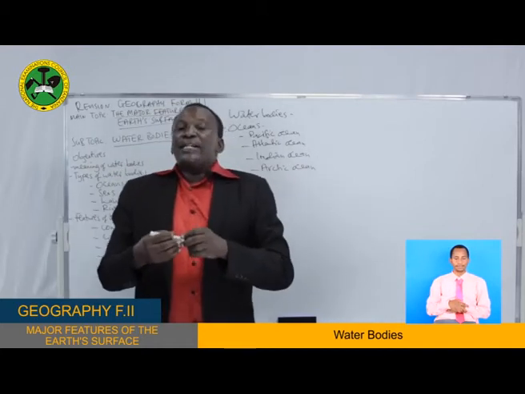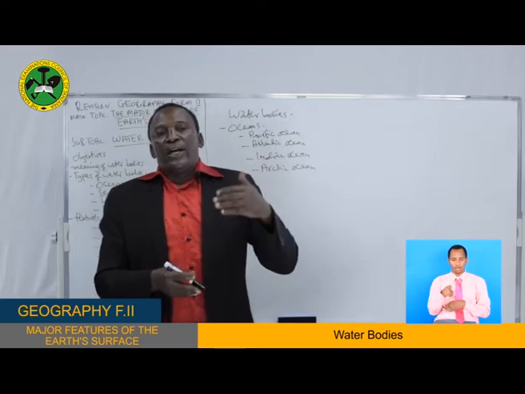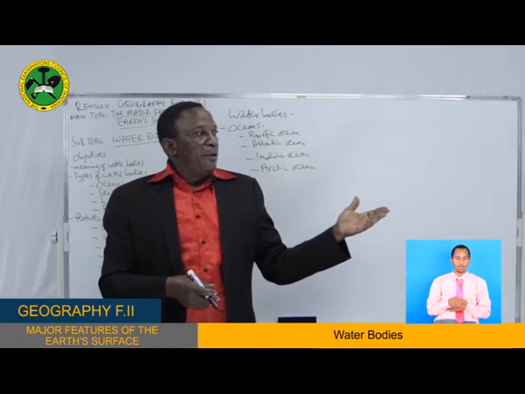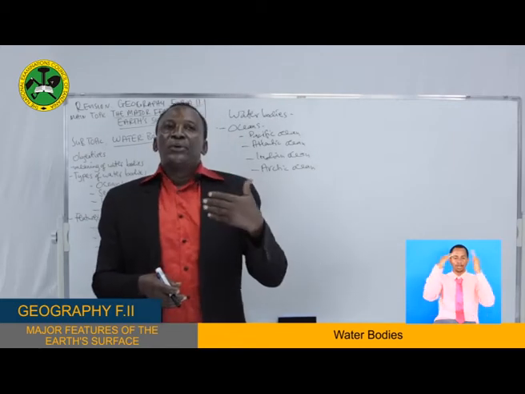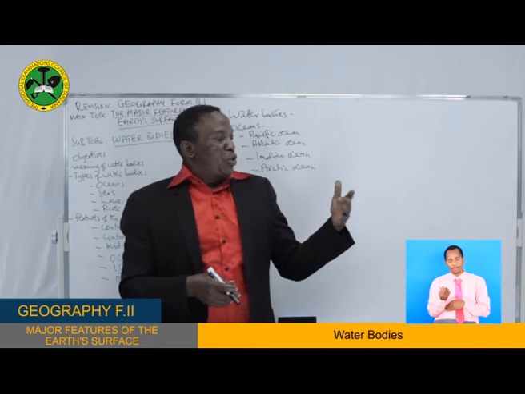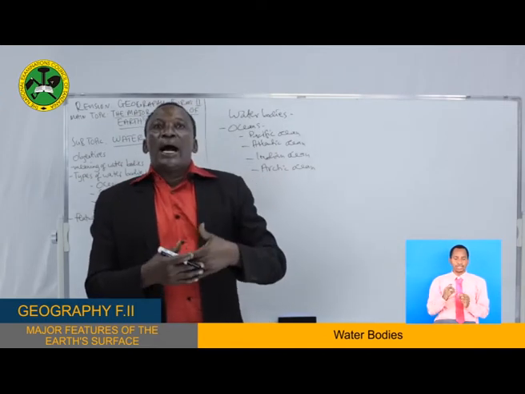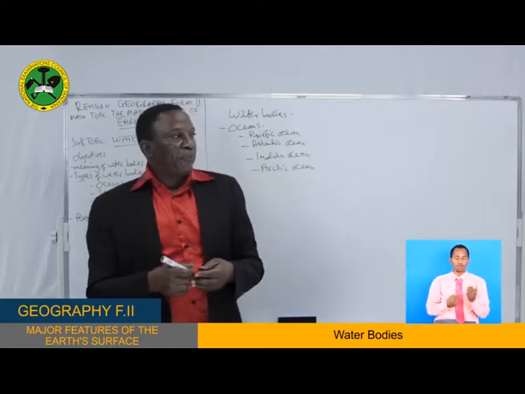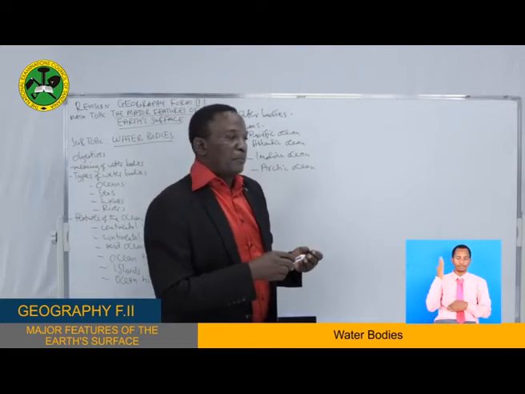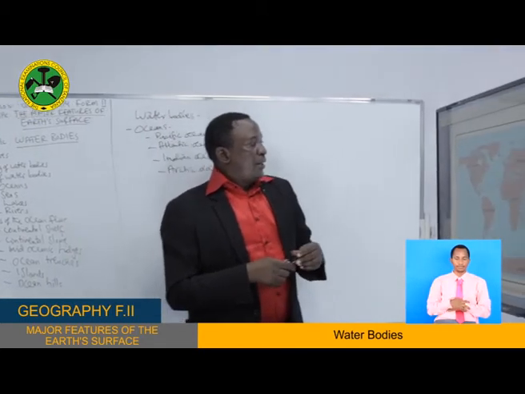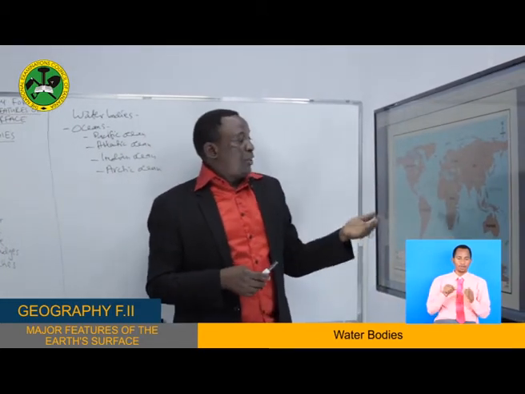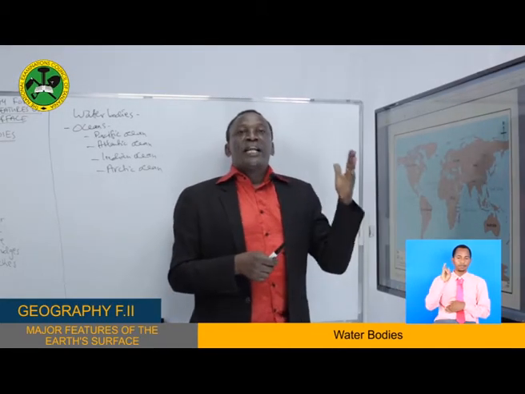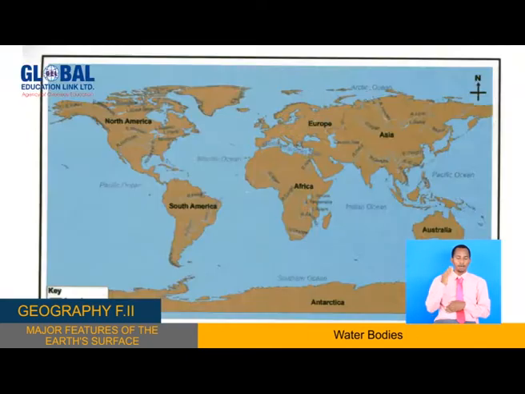Dear students, now let us see the oceans on the world map, the way they are distributed, and the way their sizes differ from one another. Let us start with the Pacific Ocean. The Pacific Ocean is the largest ocean in the world.